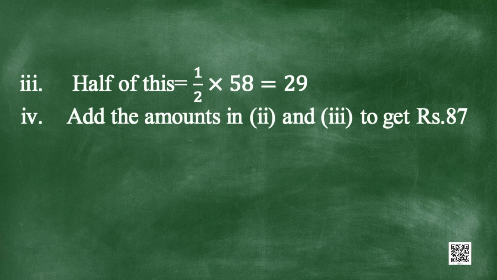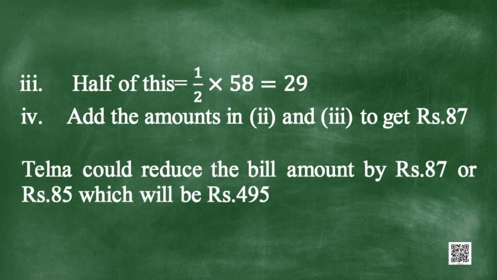Now, we add these two amounts. So, the 10% was rupees 58 and 5 more percent was rupees 29. That is equal to rupees 87. Therefore, Telna could reduce the bill amount by rupees 87 or rupees 85, which will be rupees 495.